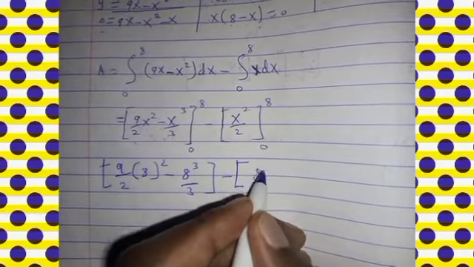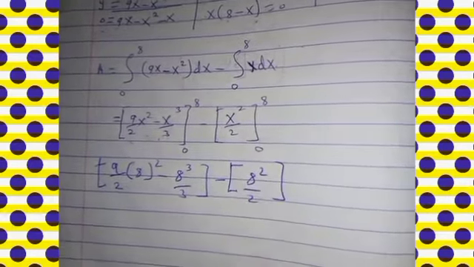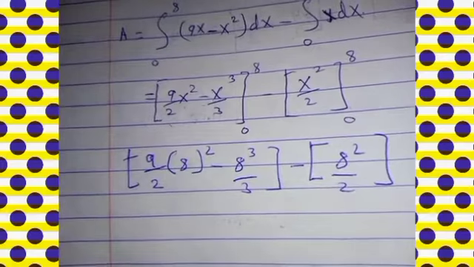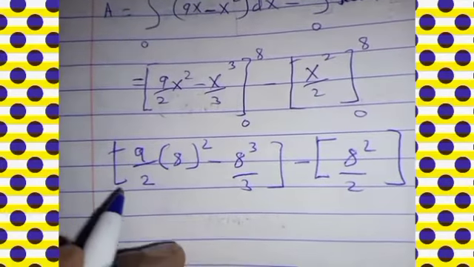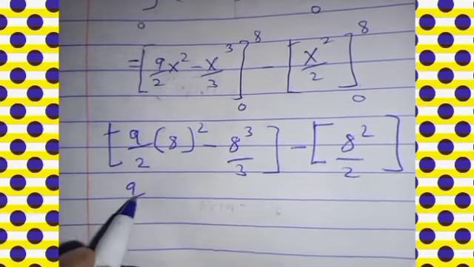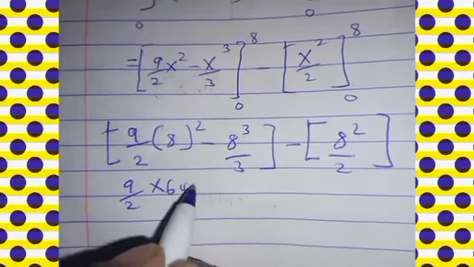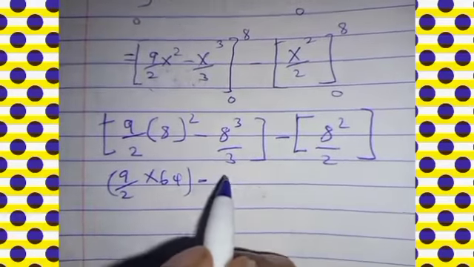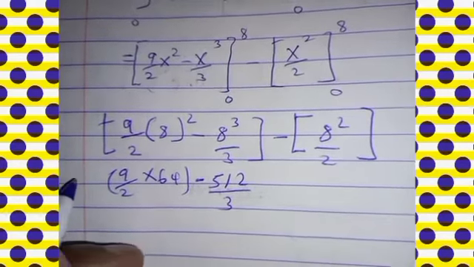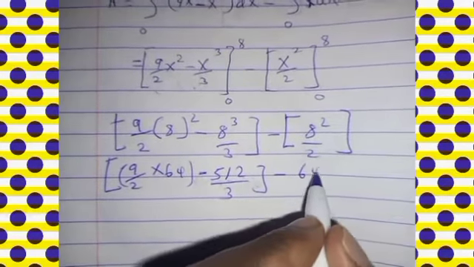You have 8 squared over 2, minus 0, which gives us 0. So here we are going to have 9 over 2 times 64, minus 512 divided by 3, minus 64 over 2.